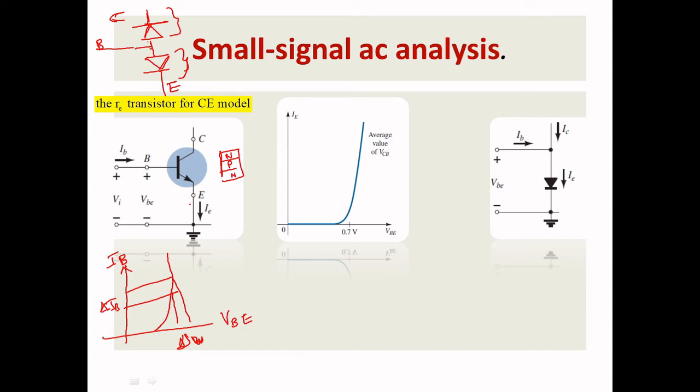In the forward bias junction, it is represented with one diode. The current through this forward bias junction of the transistor is IE. So I want to observe the change of IE with the VBE. Okay, so we will be finding the change of IE with respect to the input voltage VBE.